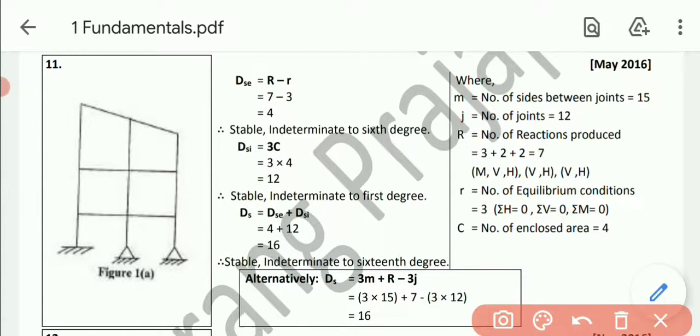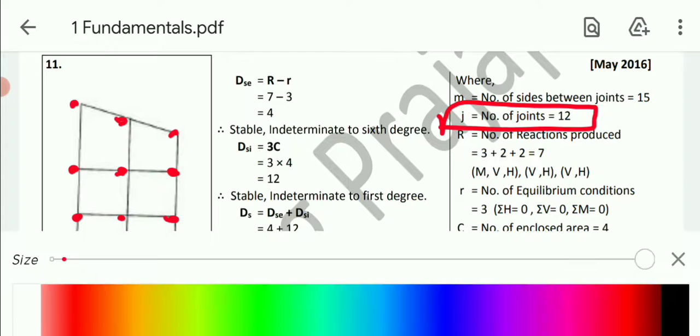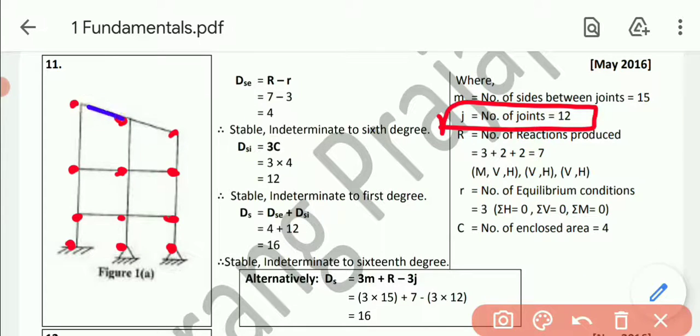For the alternate, I will need the value of J and M. Let's calculate J: 1, 2, 3, 4, 5, 6, 7, 8, 9, 10, 11, 12. So the number of joints is 12. M, the number of sides between the joints: 1, 2, 3, 4, 5, 6, 7, 8, 9, 10, 11, 12, 13, 14, 15.